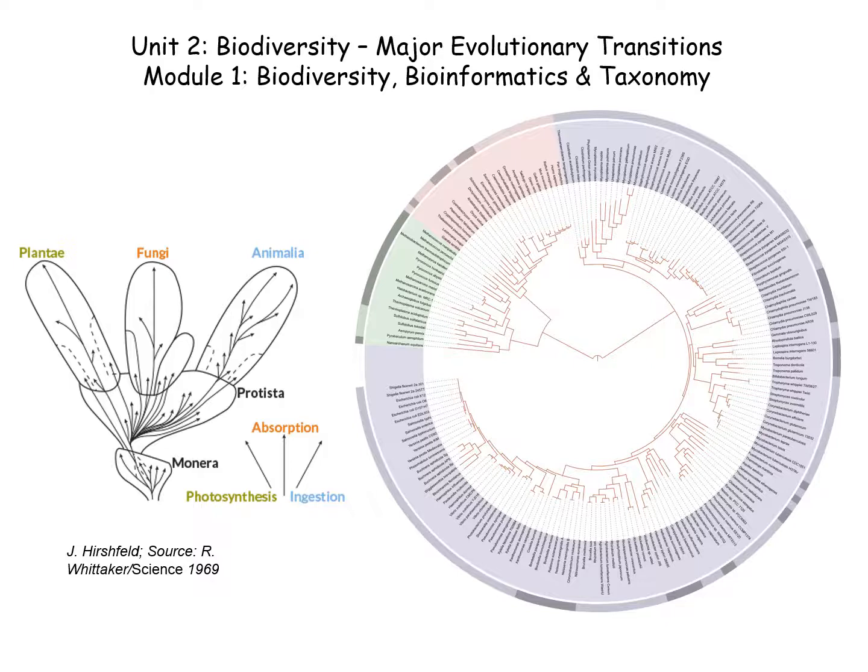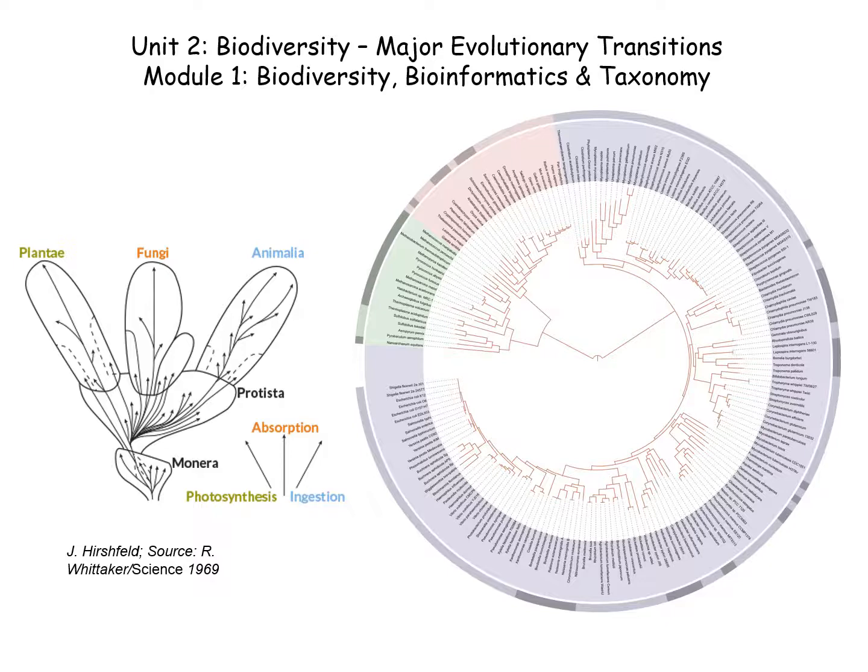So I just wanted to start by showing you some older classification schemes. Even earlier than the one on the left, people used to classify organisms into basically plants or animals. So you make your own food or you don't, and that was a very simple classification scheme.